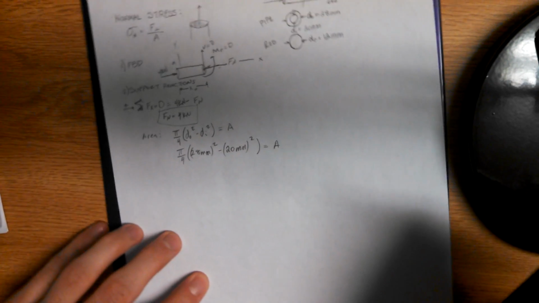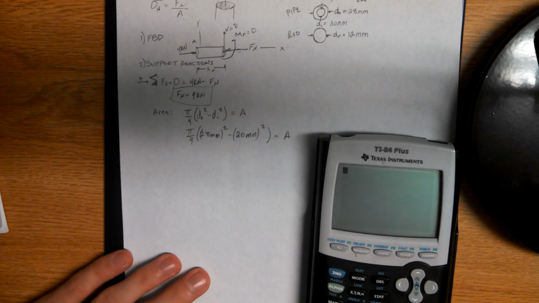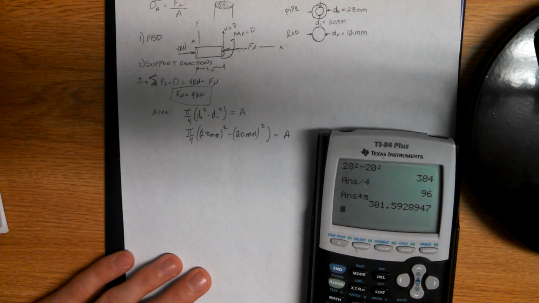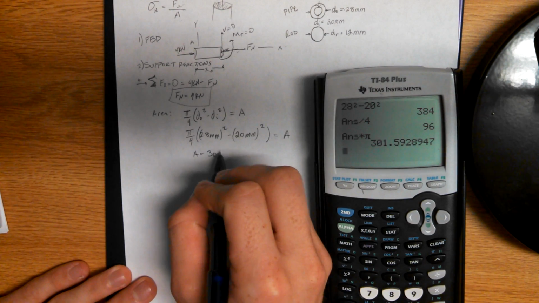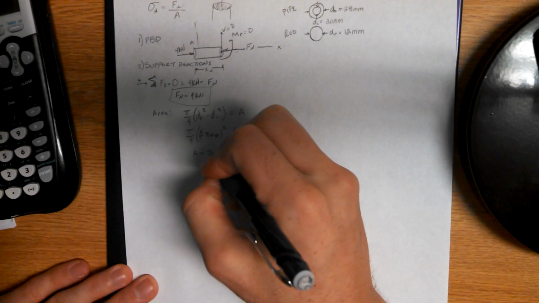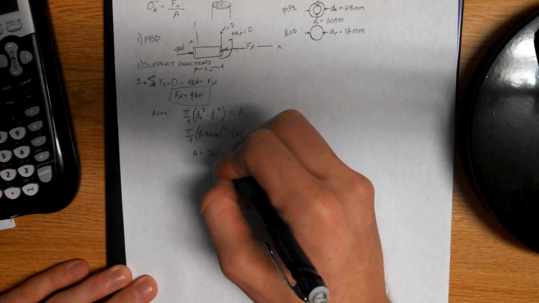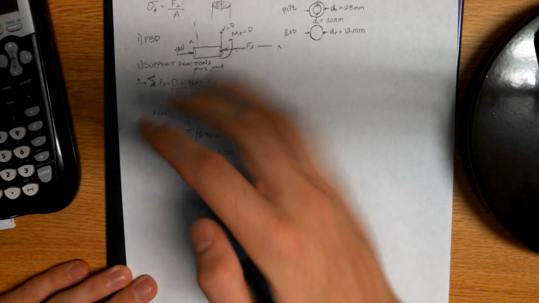You plug these numbers into the calculator: 28 squared minus 20 squared, divided by 4 times pi. It's 301.59, and that's going to be millimeters squared. Alright.